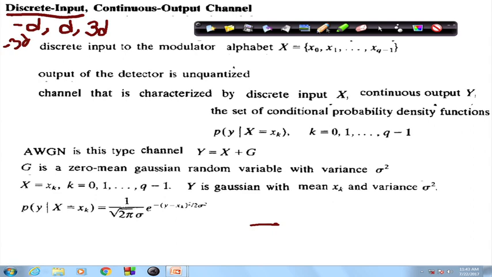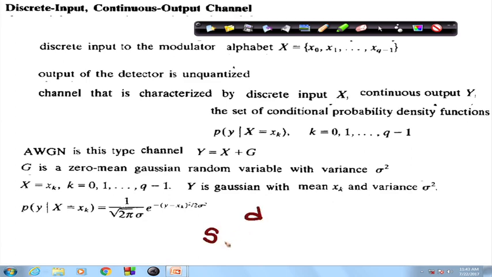So, we do have discrete input, right, and continuous output simply because if we send, let us say, d, which is s(t), a value of d, what we receive is d plus noise.